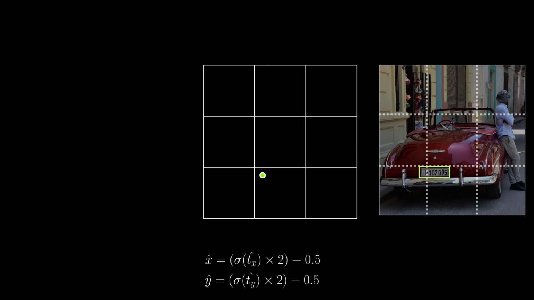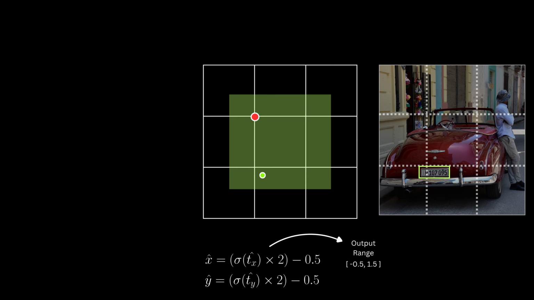Well, for this ground truth box, the grid cell containing the center would be this one. However, because of the modified offset expression, which has now changed the range of possible offset values to be from minus 0.5 to 1.5, because of this, even the center cell can be made responsible, since the offset from top left corner of center cell is less than 1.5 in both directions.